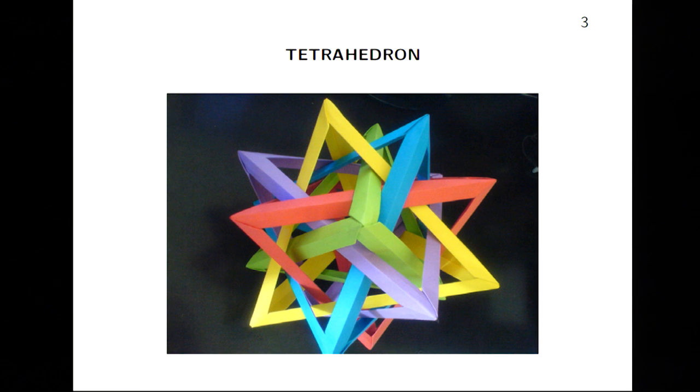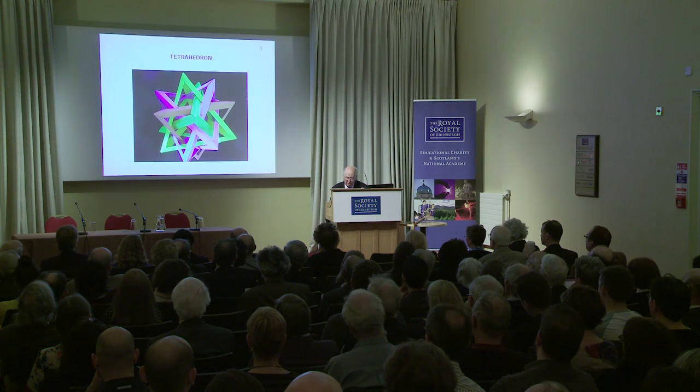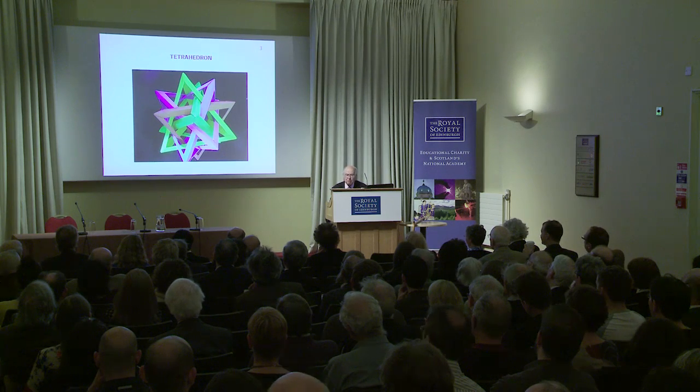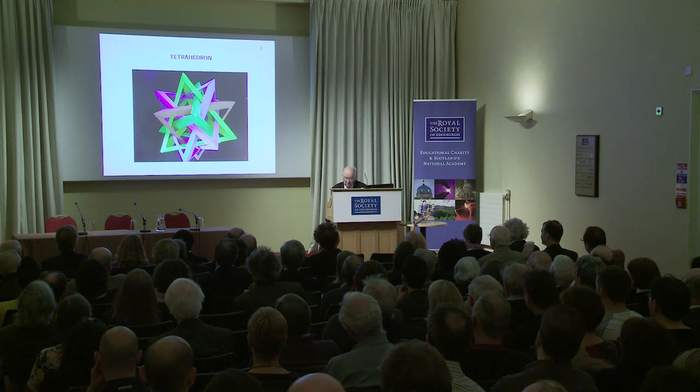And from a tetrahedron, with a wave of the hand, you can construct two beautiful objects, the icosahedron and its dual, the dodecahedron. If you haven't done it before, go back home and get your children to help you construct one. And you will find that automatically, from a tetrahedron, you can manufacture both the icosahedron and the dodecahedron.